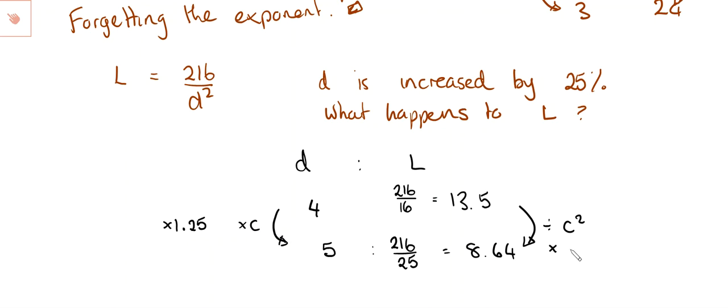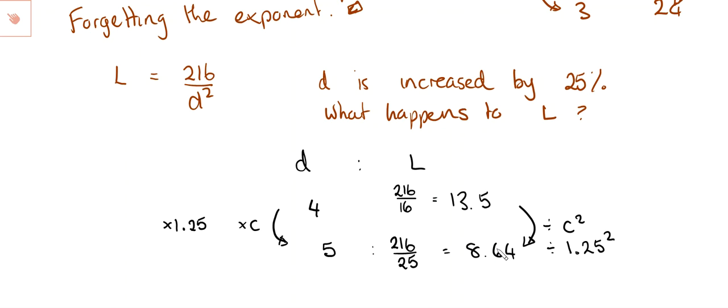If we multiply by 1.25 squared, can you do that? 13.5 multiplied by 1.25 squared, does it give you 8.64? Oh, sorry, divide, isn't it? Not multiply. I keep saying divide. 8.64, 8.6. Yeah, it works. Good job, really. If it doesn't, you've done something wrong.